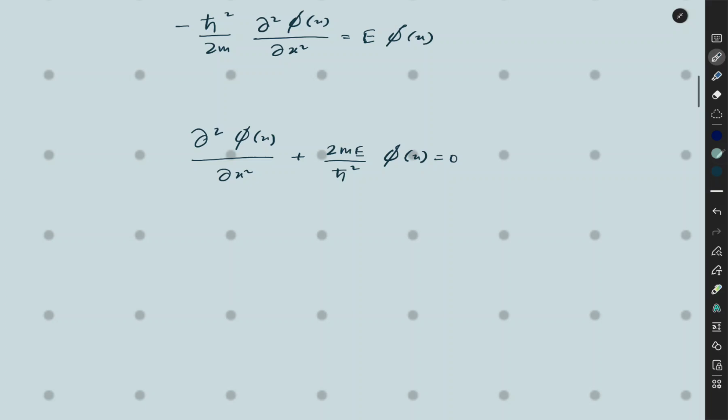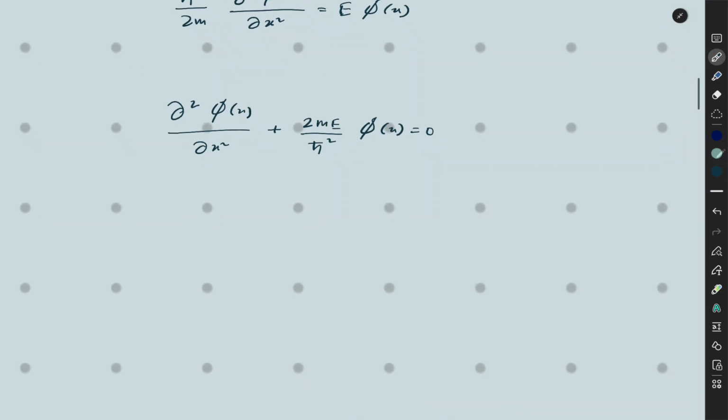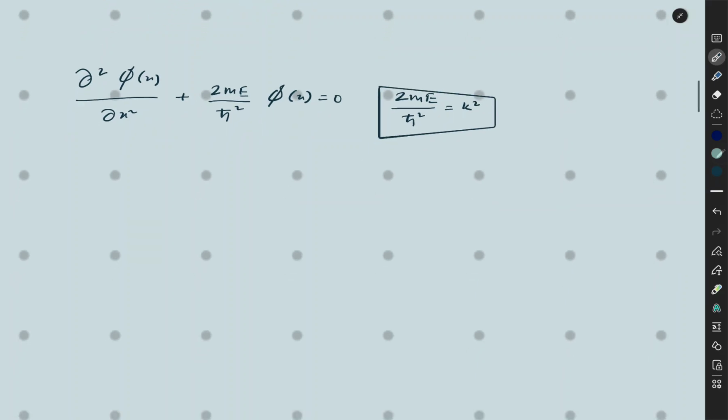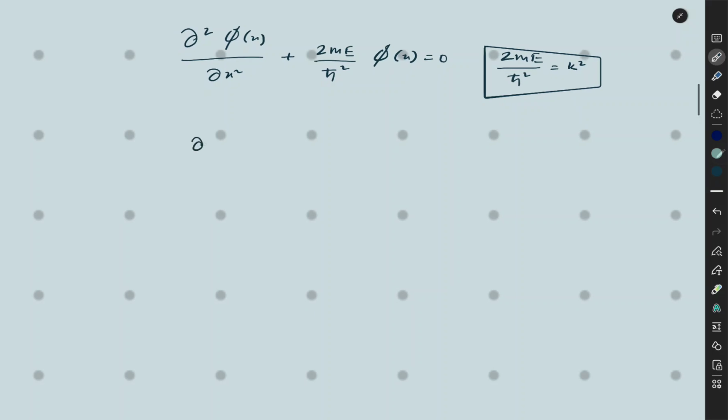Now this is a standard differential equation, and if we consider that 2mE by h cut square equals k square for our convenience, then we can rewrite it as del 2 phi of x by del x2 plus k square into phi of x equal to 0.